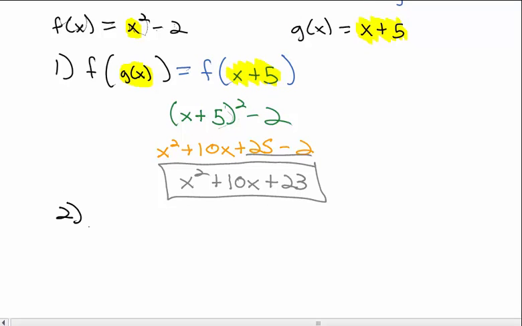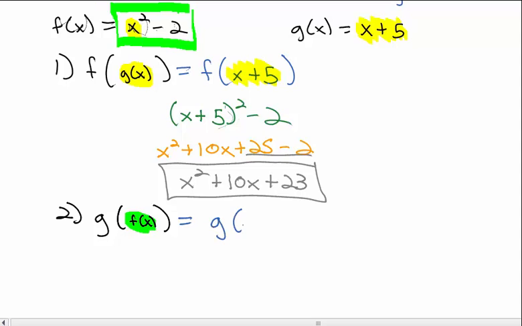Now I want you to notice something here. If we switch the order and try to find g of f of x, now the f of x is the inside stuff. So this f of x, the x squared minus 2, is what's really on the inside. Now it's g of x squared minus 2.